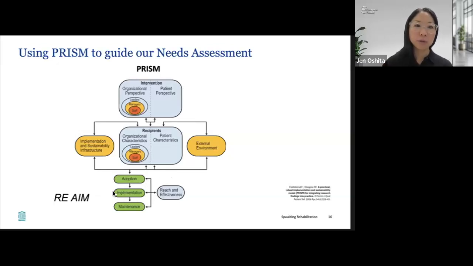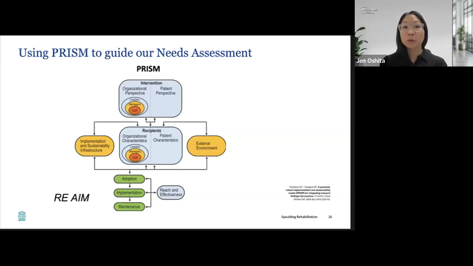We first collected quantitative data on the outcomes of reach, so what percent of patients were screened for social needs, and then adoption, so what percent of screenings were done by case managers and other clinicians.